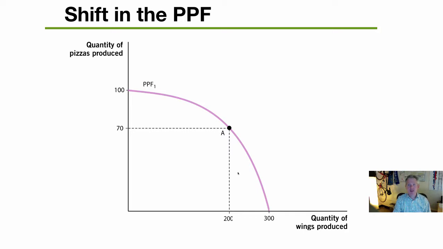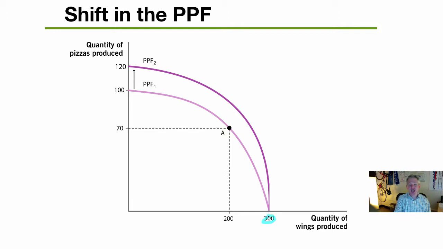All right. So now, what if, let's say, technology improves and becomes possible to produce 120 pizzas with the same amount of resources, all right? So that would shift the production possibilities frontier up to 120 here.